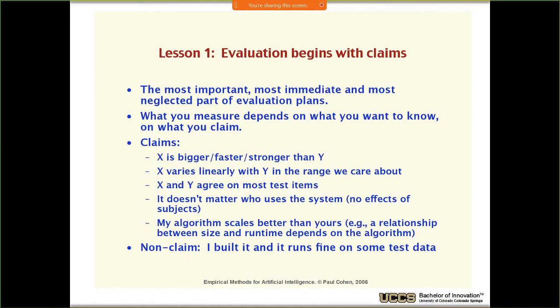Now, which of these is not an algorithmic comparison? There is one that is not a comparison across algorithms. Fourth one, it doesn't matter who uses the system, right? So I can have an experiment about how humans interact with my system, and that's perfectly good as well, right?